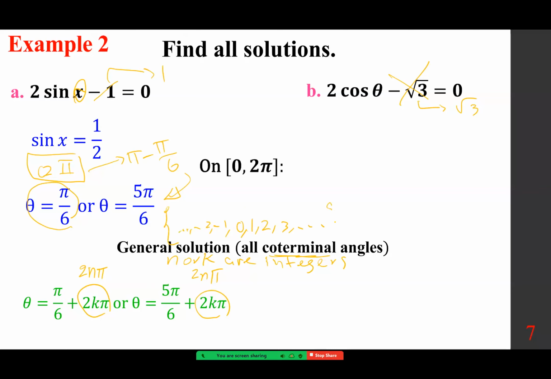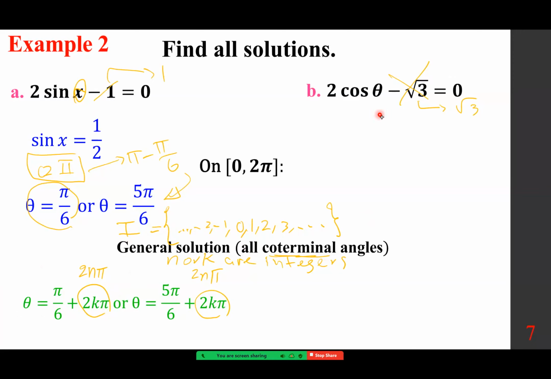This is the set of integers. Remember, class, natural numbers would start from 1 and go to infinity. Whole numbers will have 0 also. Integers go on the negative side also. It's called I or integers. So 2n pi, 2k pi, that means the same thing.